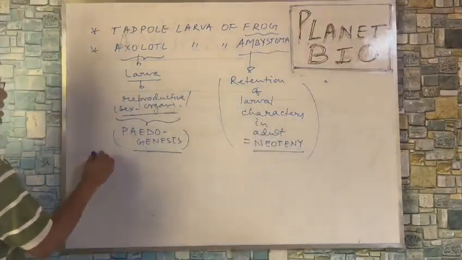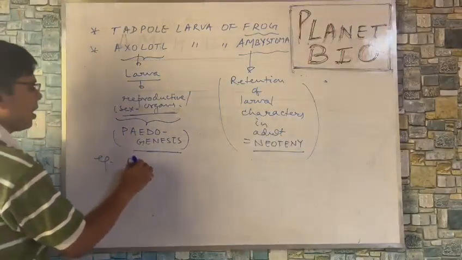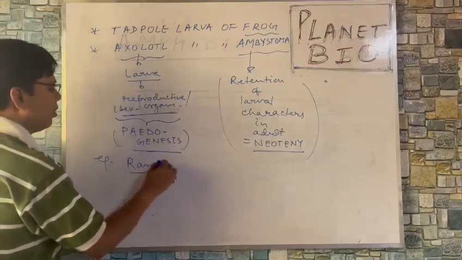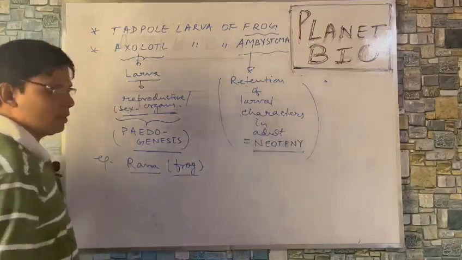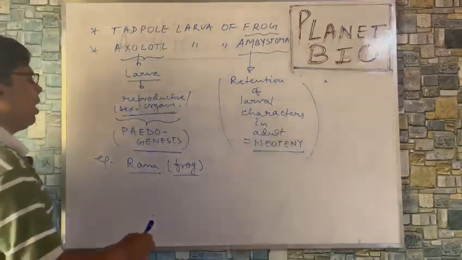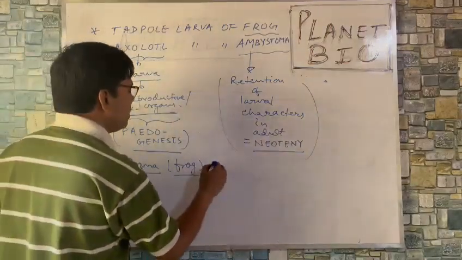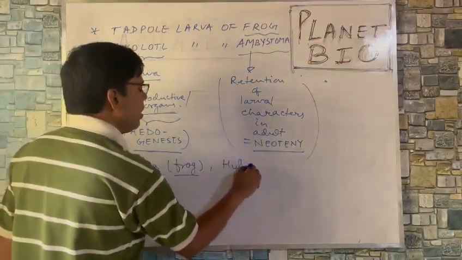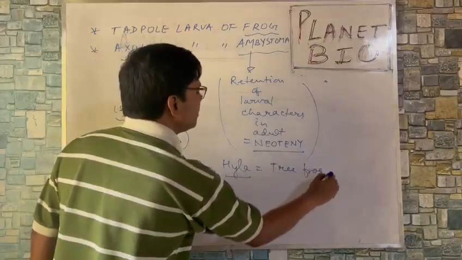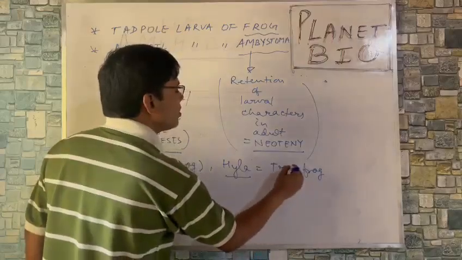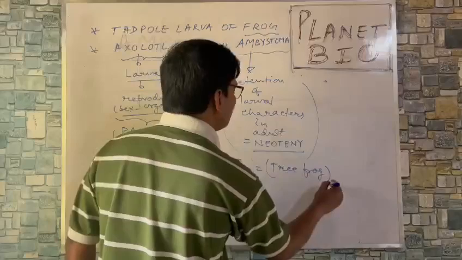Now some great examples you must note down. Rana, that is Rana tigrina, frog, the most common species. And another one you can write, Hyla. Hyla is a tree frog that has the capacity to fly or jump in air, tree frog.